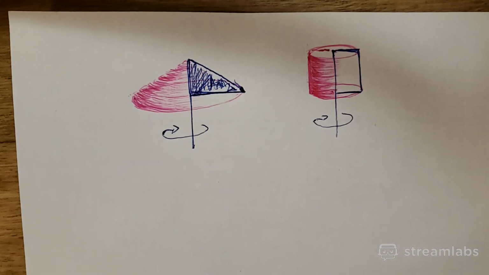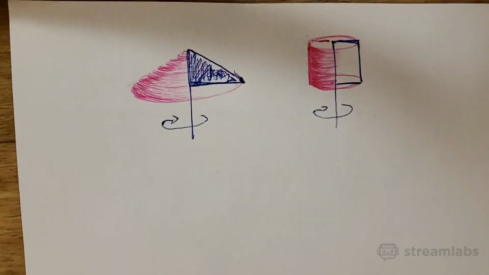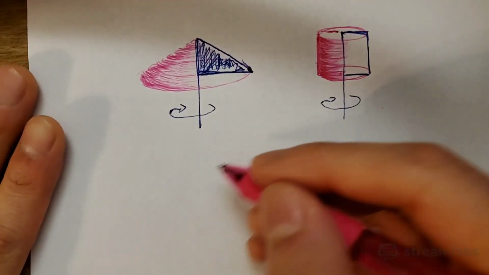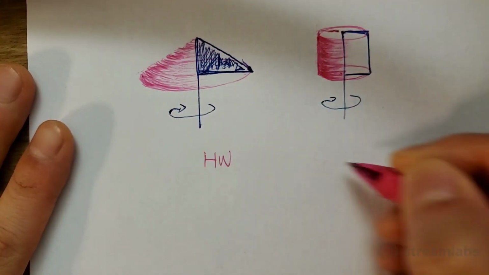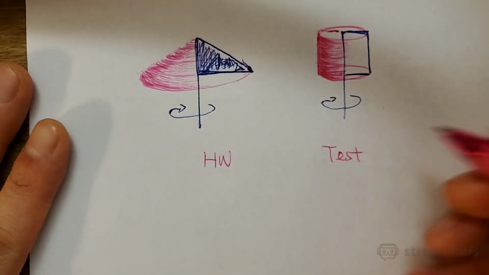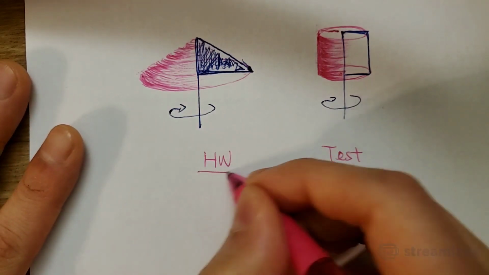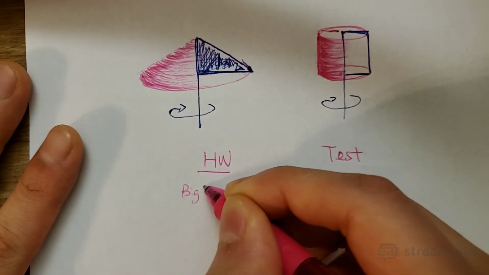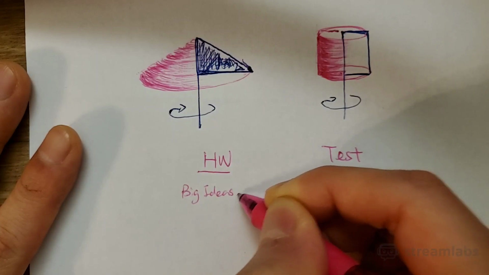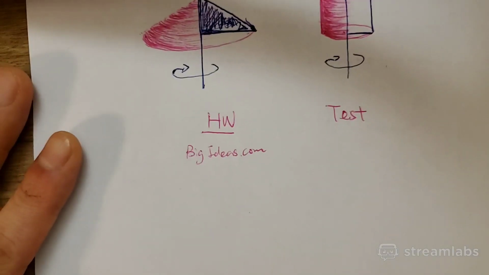So when we are looking at this week's assignment, you should already have some homework. There are two things to do this week: homework and a test. Homework is once again on bigideas.com, and it's 11.4.